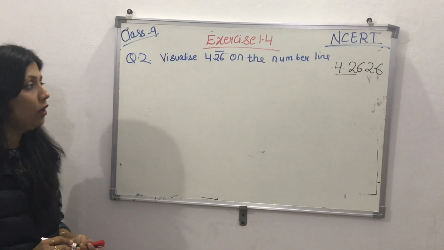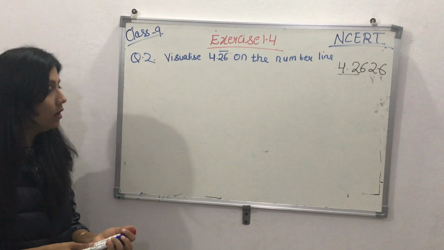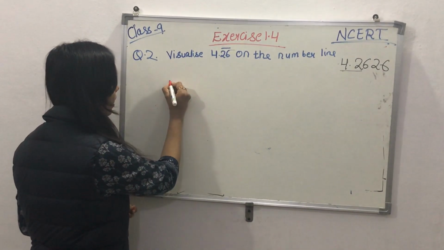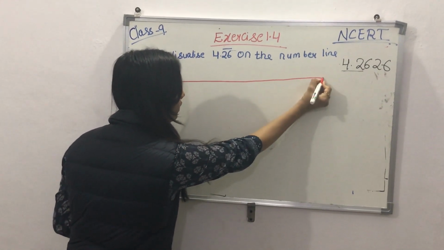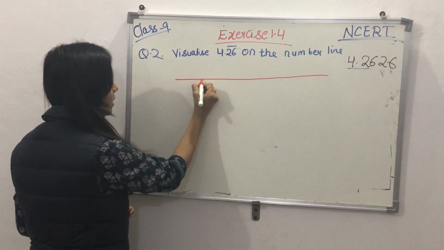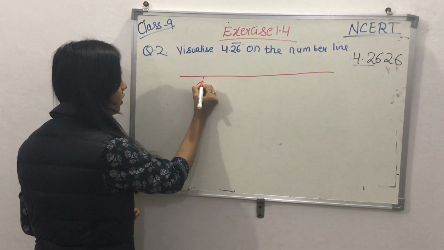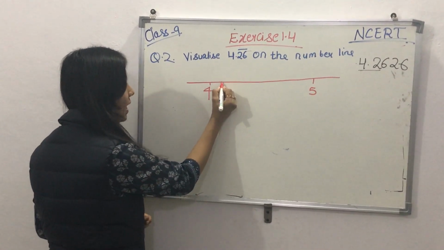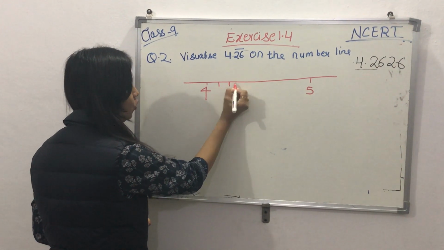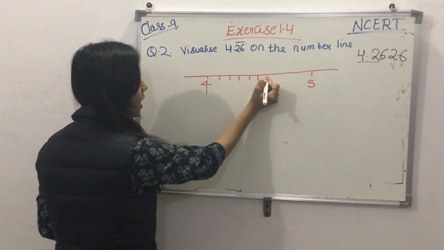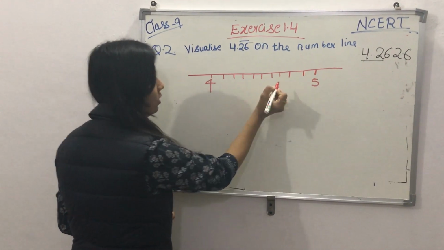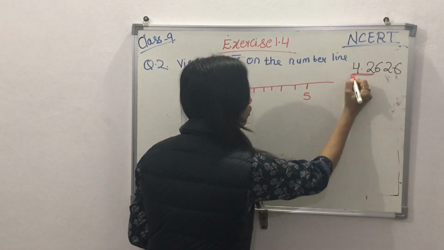So 4.2 lies between 4 and 5. Dividing into parts 1, 2, 3, 4, 5, 6, 7, 8, 9 and 10, where will be my 4.2?